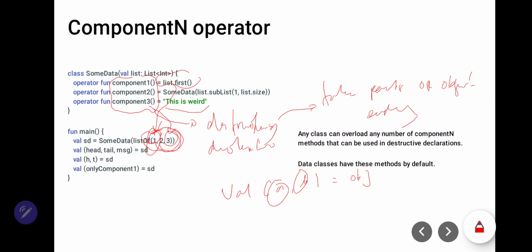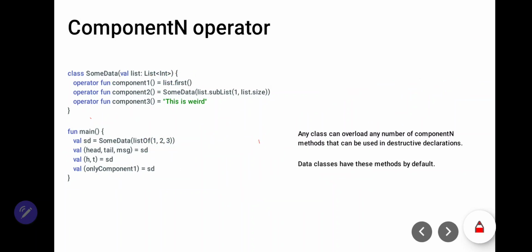Okay, next, we have to know about the function main for this. In here there are 3 destructurings. This is destructuring with 3 variables, this is destructuring with 2 variables, and the last one is destructuring with 1 variable.